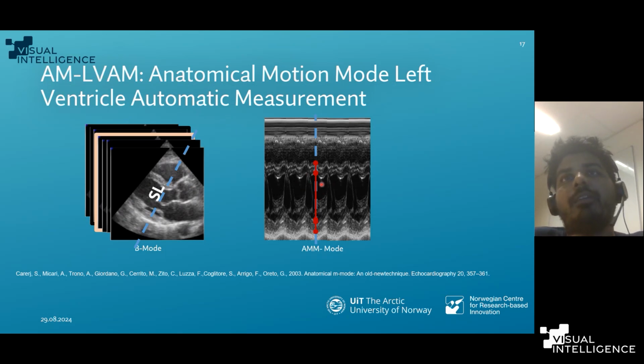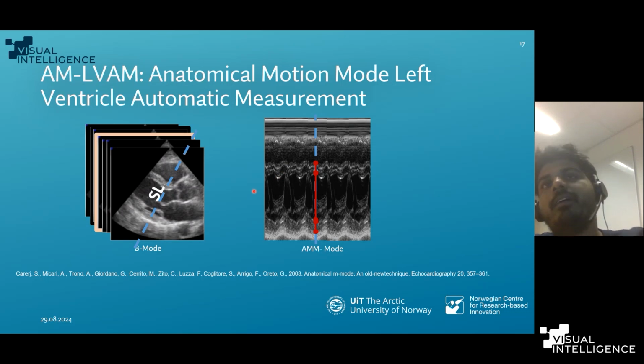And we can even perform the left ventricle measurement in the anatomical motion mode. The good thing about performing left ventricle measurement in AMM mode is that it's a one-dimensional image across the time domain, and whatever measurements we perform here by identifying four landmarks are along the scan line from which this image has been obtained.